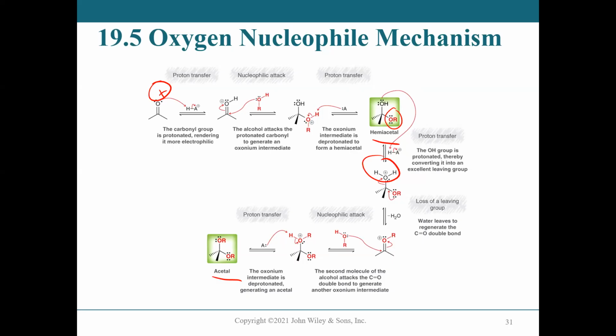So the formation of the hemiacetal involved 3 steps, right? 1, 2, and 3. And note that the beginning and the ending both involve a proton transfer. And this is some type of weak base right here.